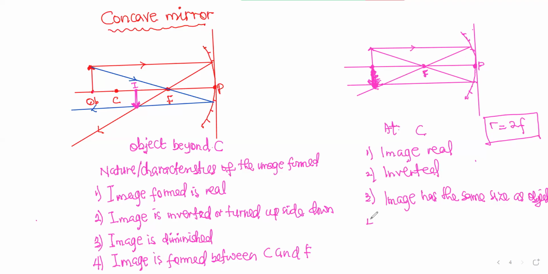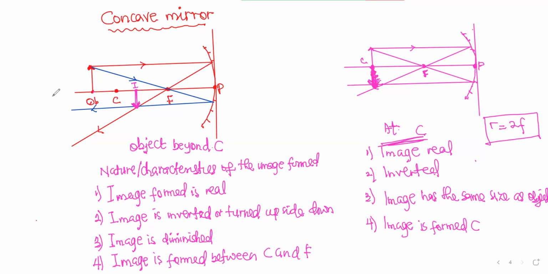And then four, the image is formed at C. It's also formed at the same point C. So when you place the object at the center of curvature, these are the characteristics of the image formed.